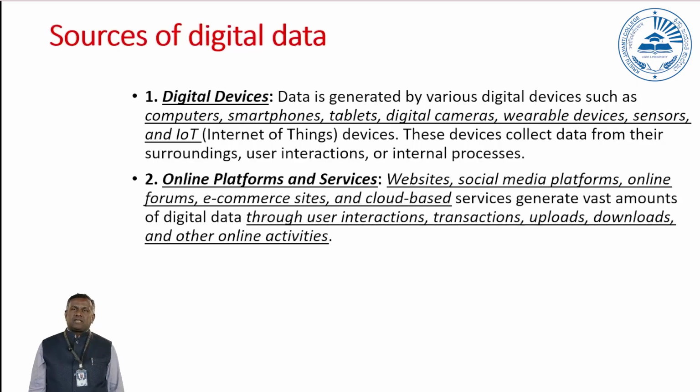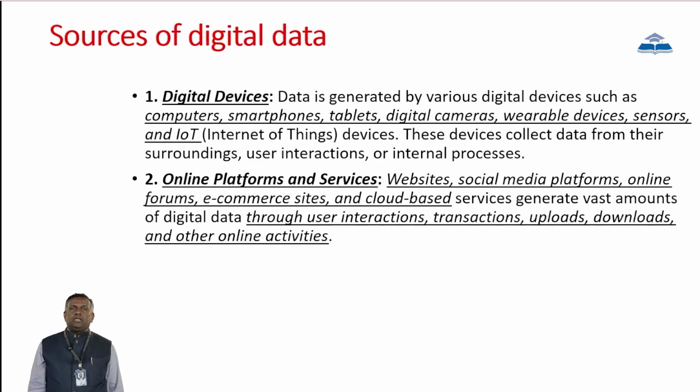Even e-commerce sites such as online retailers, Amazon and Flipkart, come under this. The third one is cloud-based services, which give a large amount of data through the interaction between customers, employees, and other stakeholders. Those interactions, transactions, and uploading and downloading of data will be captured as online platforms and services.